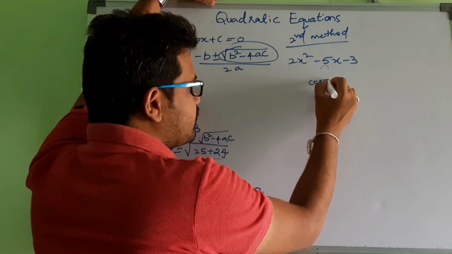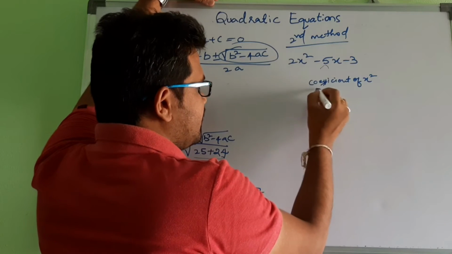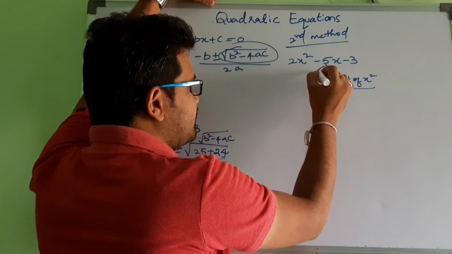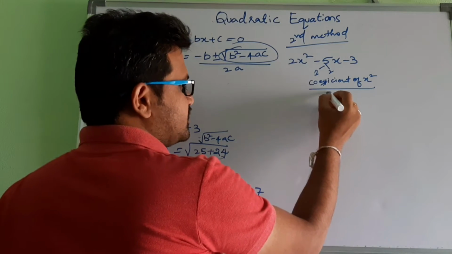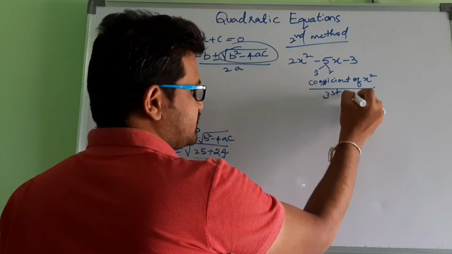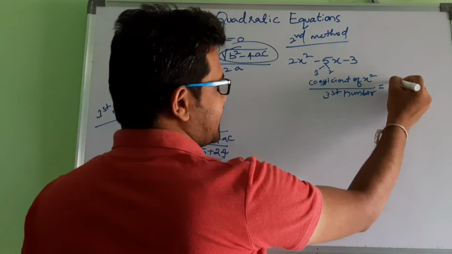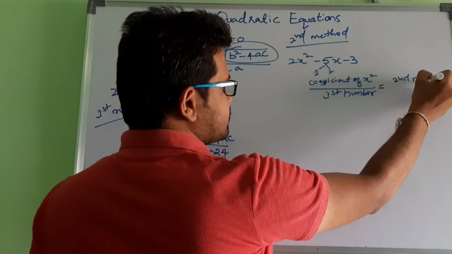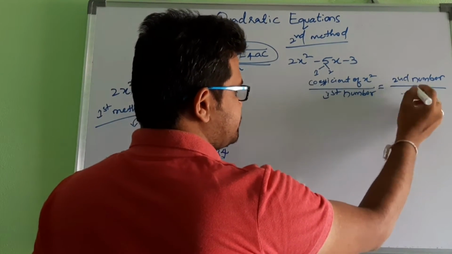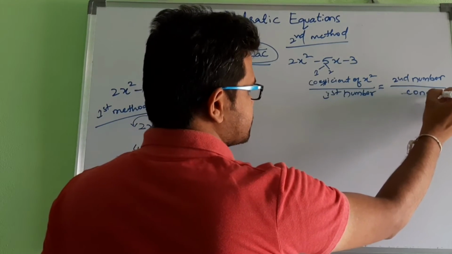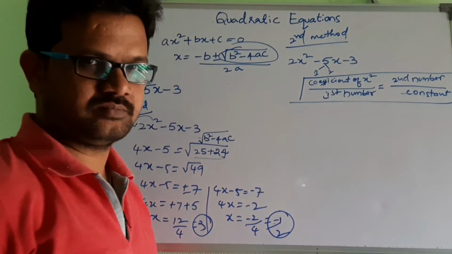The coefficient of x² divided by the first number, split as two terms, should equal the second number divided by the constant. We take only the numbers. This ratio must be equal, and we split like that.